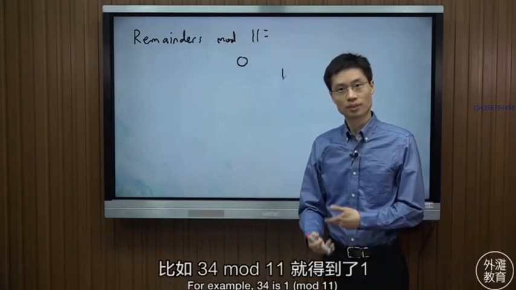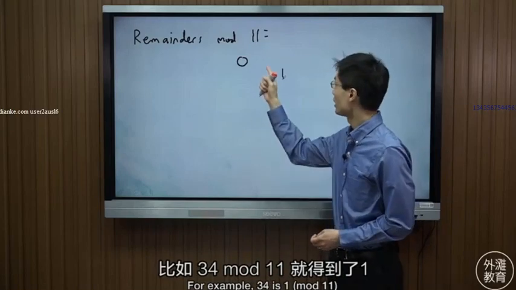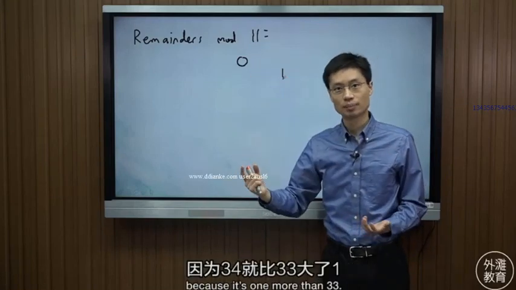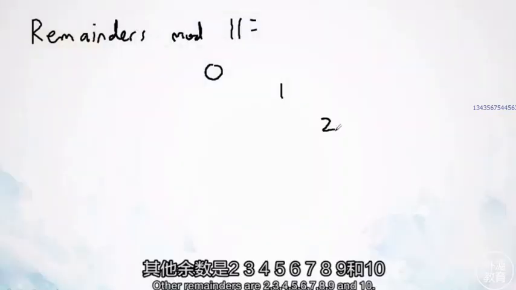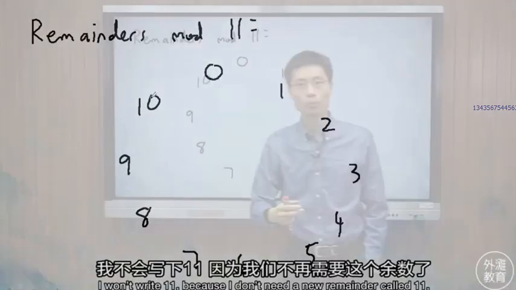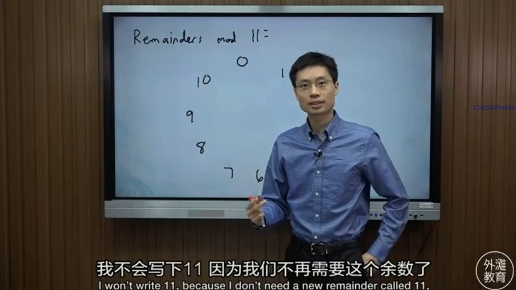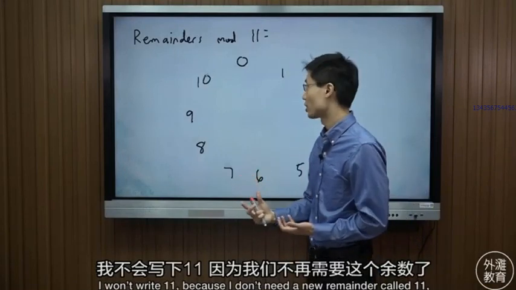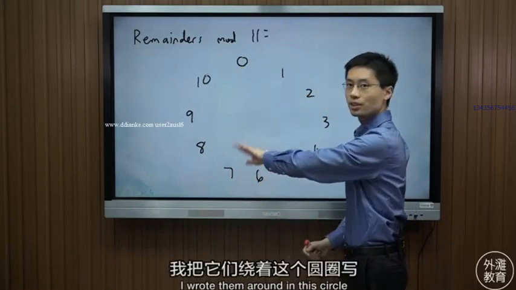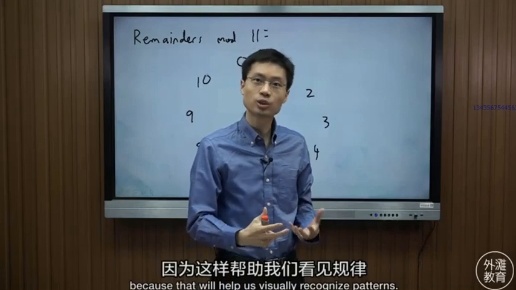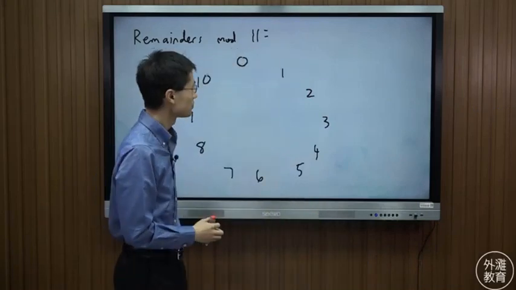For example, 34 is 1 mod 11 because it's 1 more than 33. Other remainders are 2, 3, 4, 5, 6, 7, 8, 9, and 10. I won't write 11 because I don't need a new remainder called 11. That's already 0. I wrote them around in this circle because that will help us visually recognize patterns.